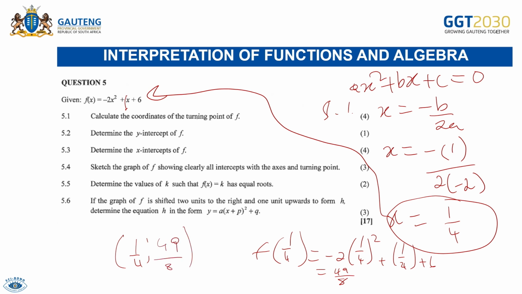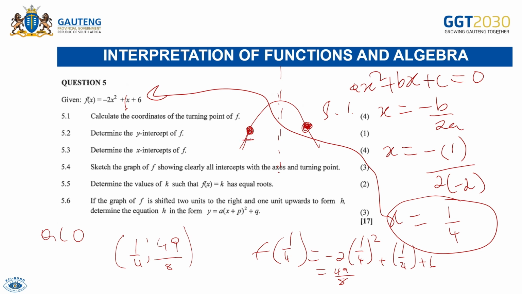You can either do it like this, or you can find the x-intercepts by letting y be 0. If you find the x-intercepts, you'll find two values of x. Since a is less than 0, the graph is going to concave down. For the x-value of the turning point, you add this value of x and that value of x, then divide by 2, like when you are finding the midpoint.